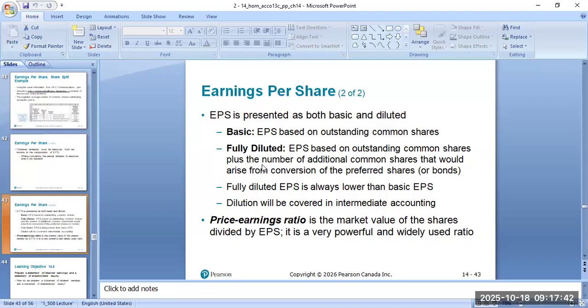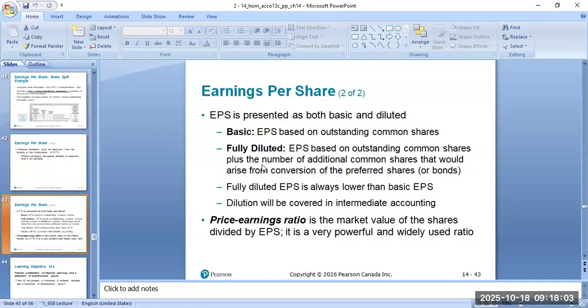Diluted earnings per share means that we have to assume that if there are any options, any conversions, anything like that, we pretend that it already happened. What that means is that it's going to increase the number of common shares, the weighted number of common shares.